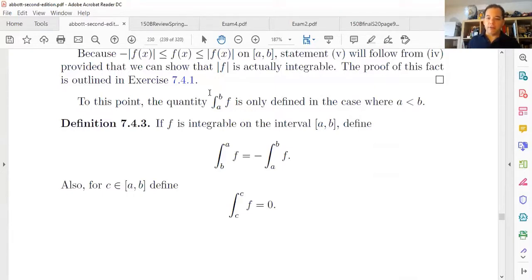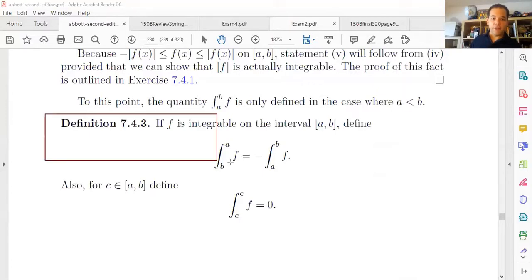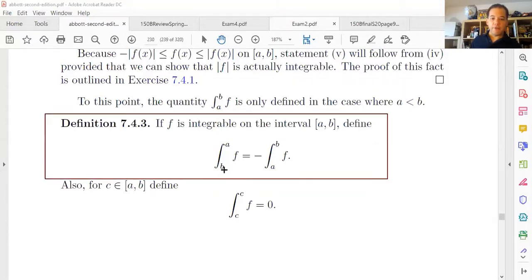Then what happens when they are reversed? By definition, if you have the bigger one at the bottom, from B to A, you reverse them and pay a negative sign: you do minus the integral from A to B. We also define the integral from C to C, if the numbers are the same, to be 0. We're going to need that for next class, and this is it for today.